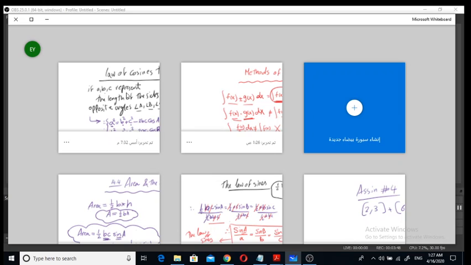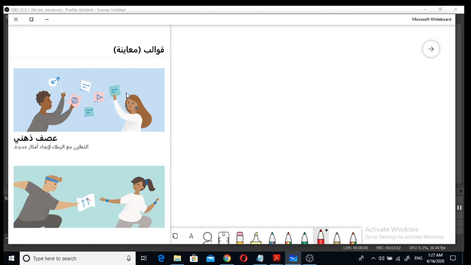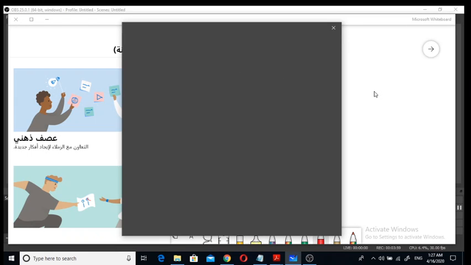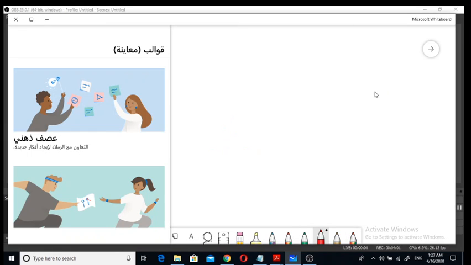And the most common method that we are going to learn today is the integration by substitution, or the substitution method.